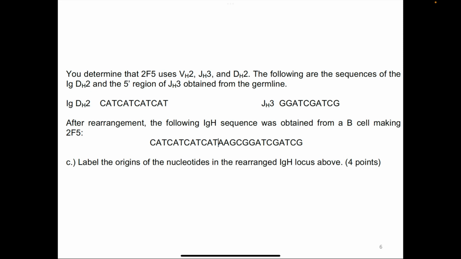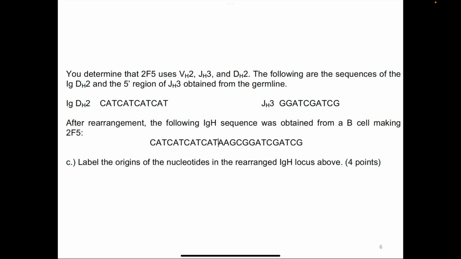The things you really need to know to answer this question are, what are P nucleotides and what are N nucleotides? So you need to know where they come from. And you also need to know that the steps of the process are P nucleotides happen first, and then N nucleotides happen after. Knowing those 2 things will help you address this question.